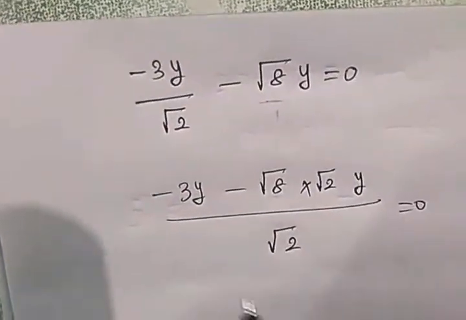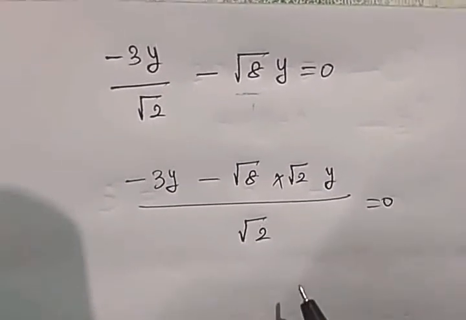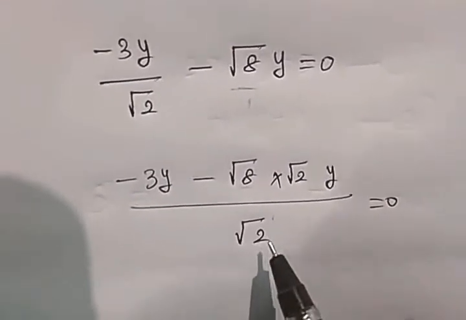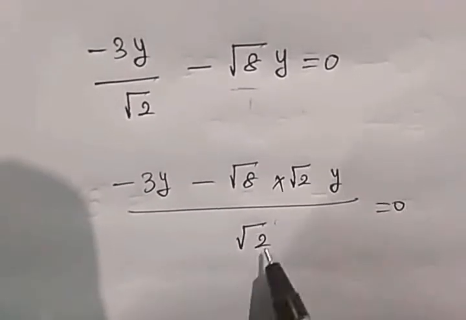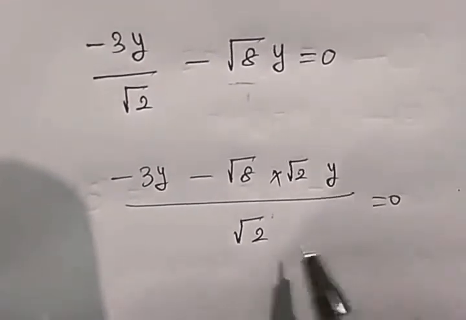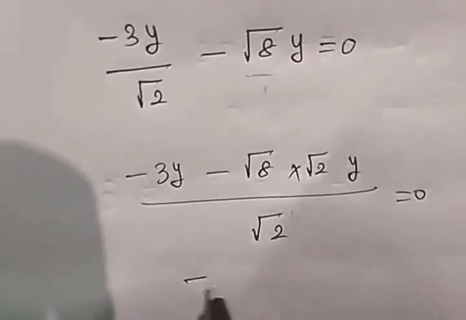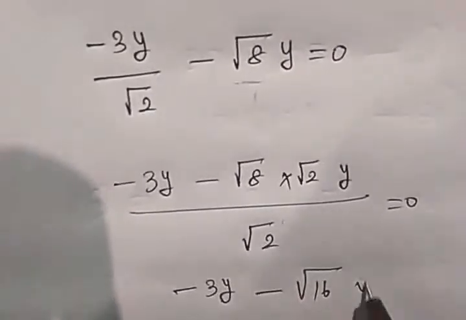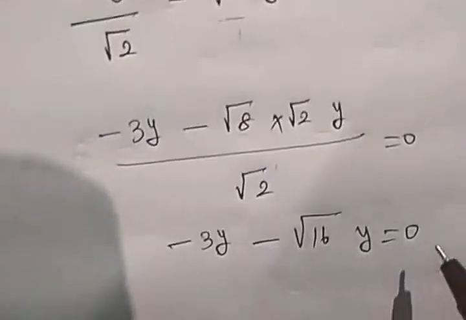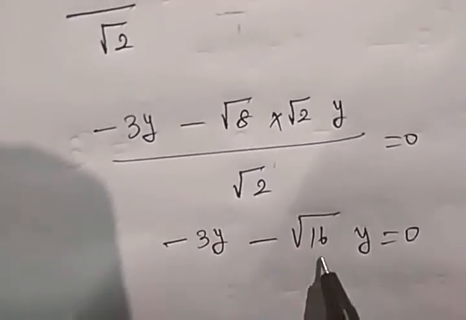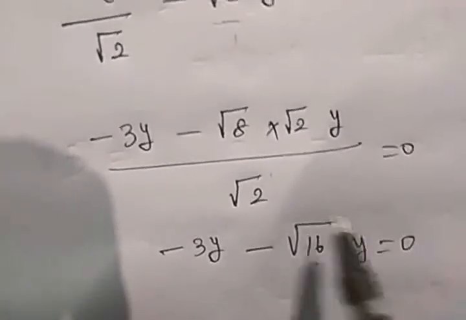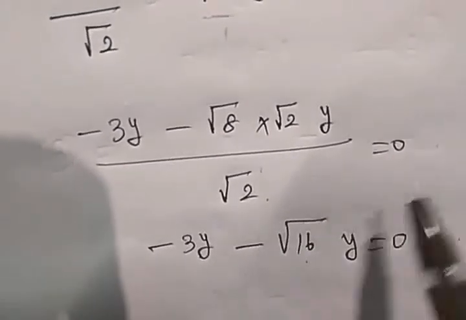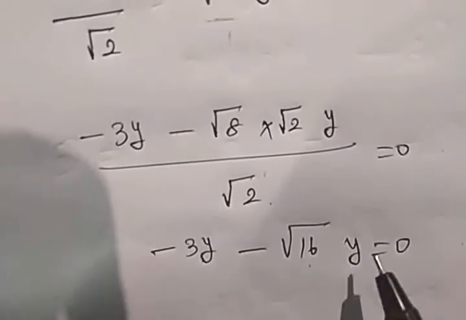This step is not needed. Here the division by square root of 2 is on the 0, so it is multiplication, and 0 into anything is 0. So the answer: minus 3y minus square root of 16y is equal to 0. So only this step.